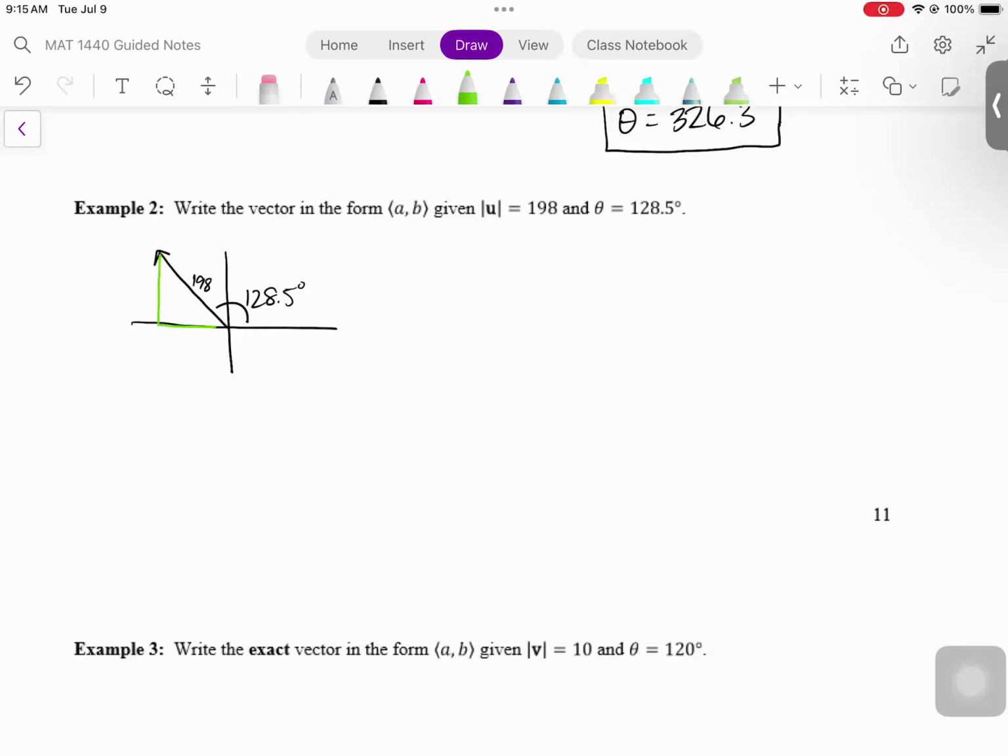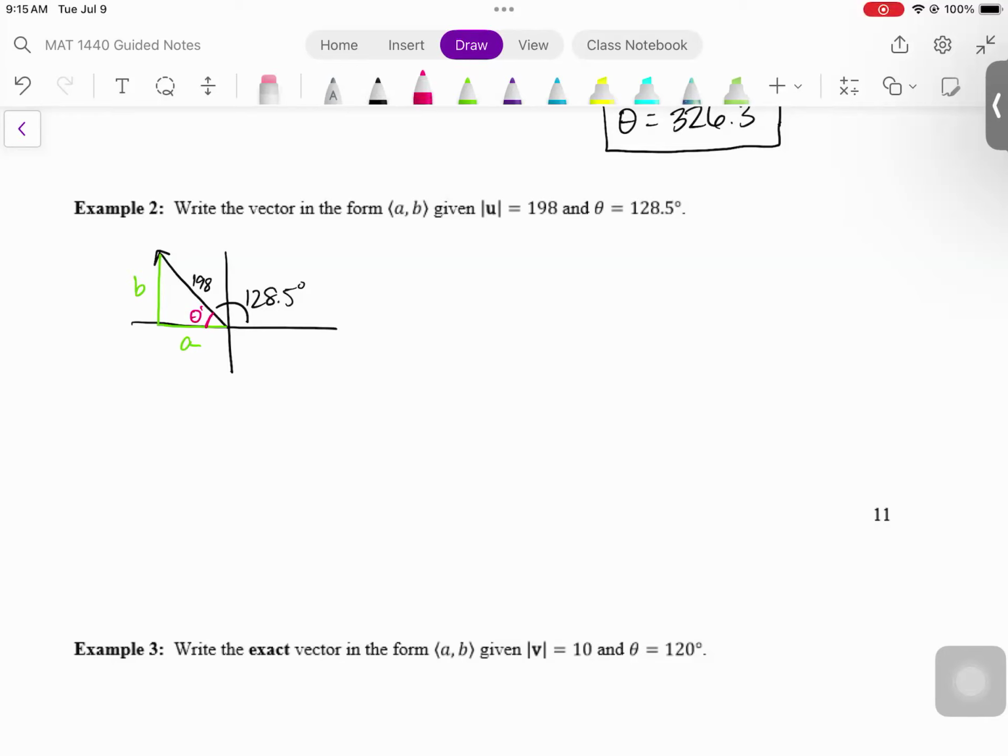So now we need to find our A and our B. And we know that A is going to end up being negative because we're in the second quadrant. That x coordinate is negative. So we've created this right triangle here. And if we find our interior angle of that right triangle, let's call it theta prime, we're going to use supplementary angles to figure that out.